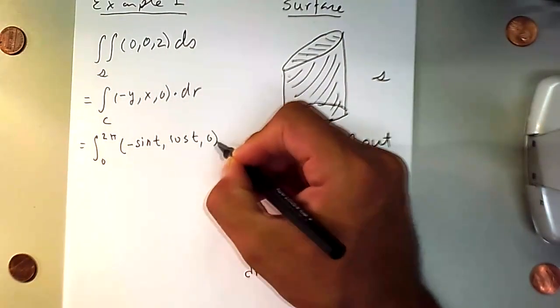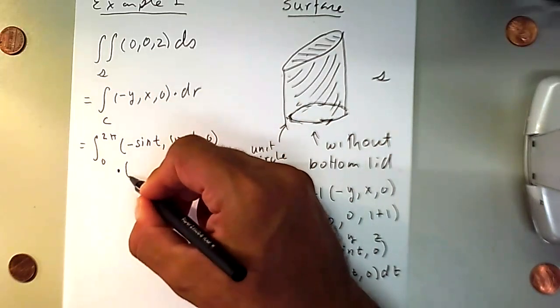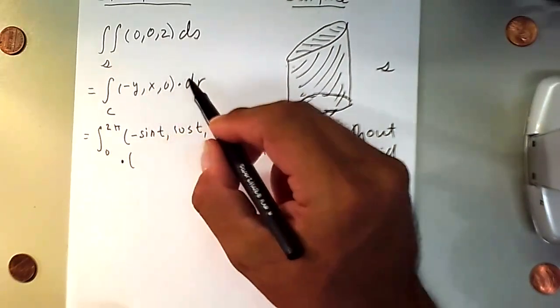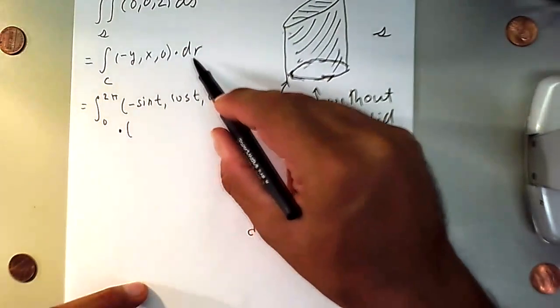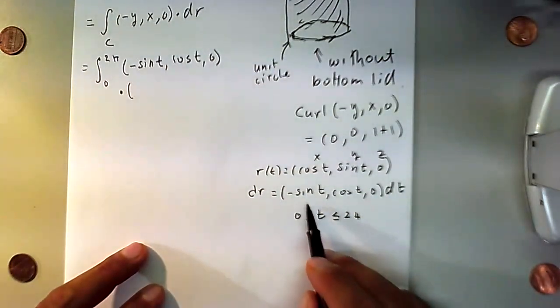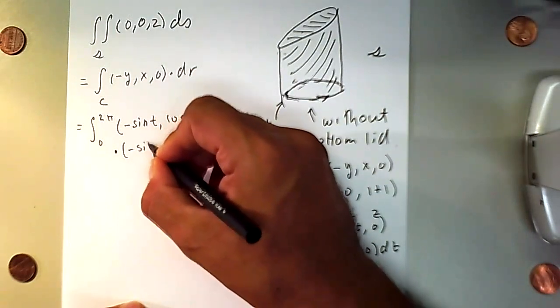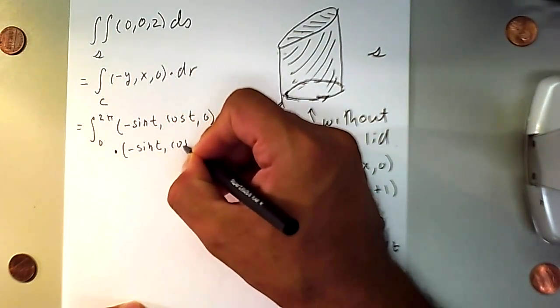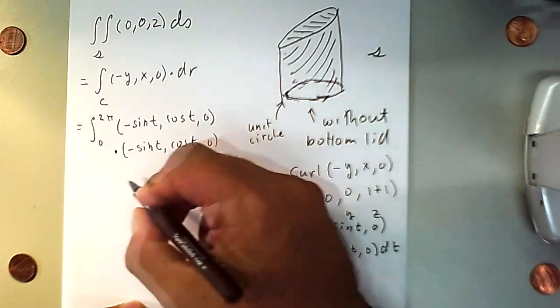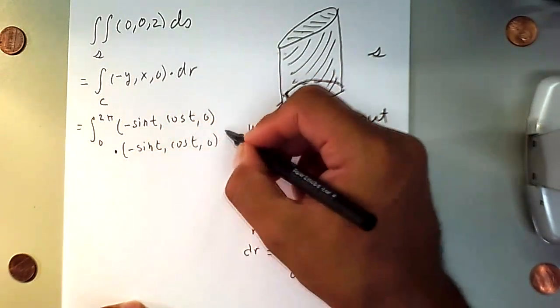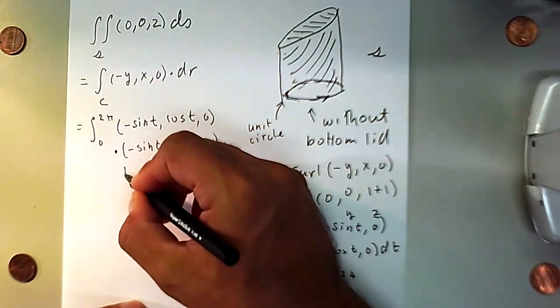And then 0. And we're going to take the dot product with dr. dr is negative sine, cosine, 0. That's a coincidence, we have exactly the same thing. Well, sort of a coincidence. And then let's put the dt at the end.